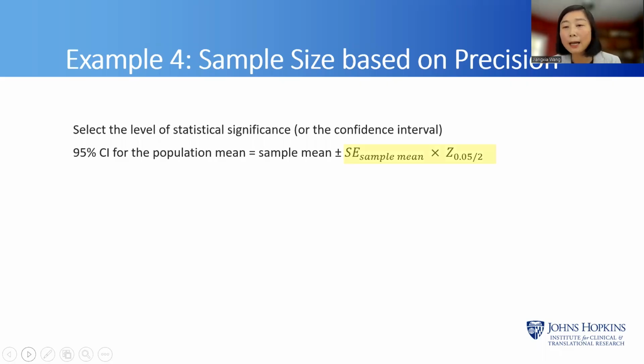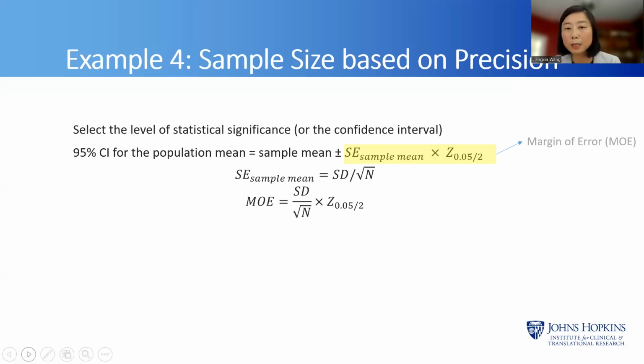This highlighted component here is what we call the margin of error. For the sample mean, the standard error is the standard deviation divided by the square root of the sample size, and the margin of error is equal to the standard deviation divided by the square root of n times z of 0.05 divided by 2.